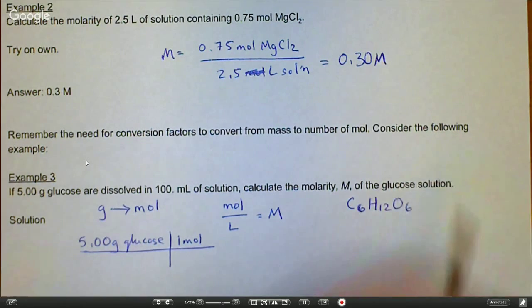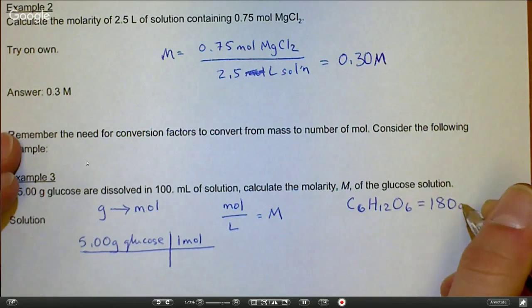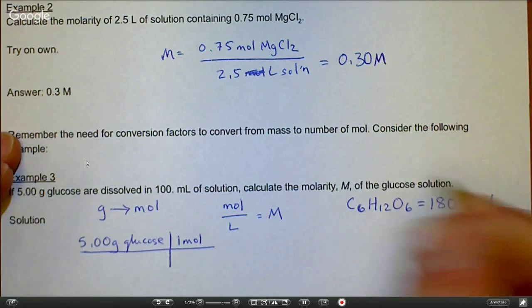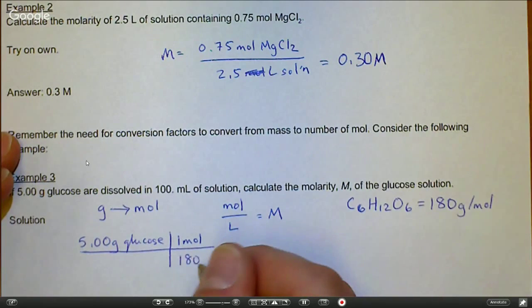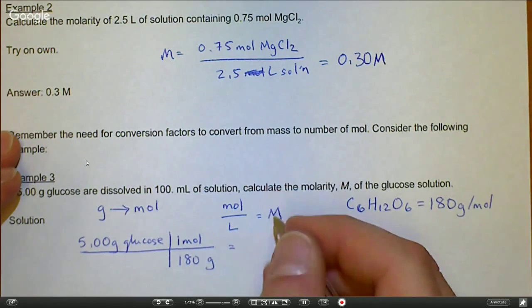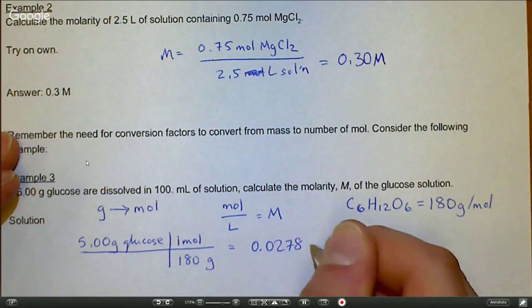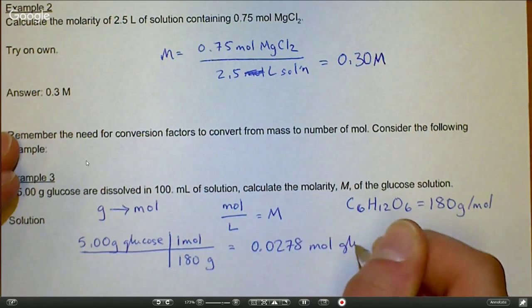I apologize for the brain fart there, but the molar mass here is 180 grams per mole. So 180 down here. And this gives us 0.0278 moles of glucose.